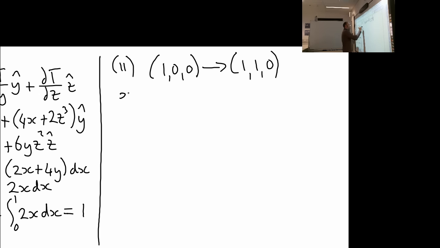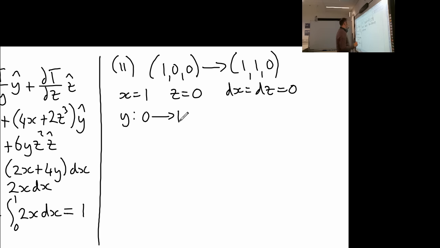We have x is equal to 1, z is equal to 0. X and z are not changing, so dx is equal to dz, which is equal to 0. Now for this side, y goes from 0 to 1, and our infinitesimal displacement vector is equal to dy y hat.